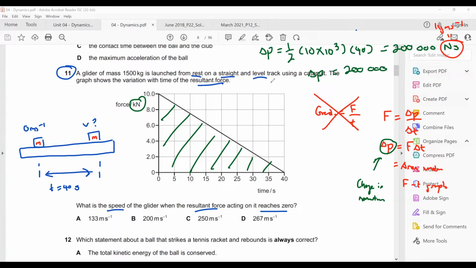What can I say about the momentum change here? Would you agree that over here, your momentum is actually 0 at the start when t equals 0? 0 or not 0?